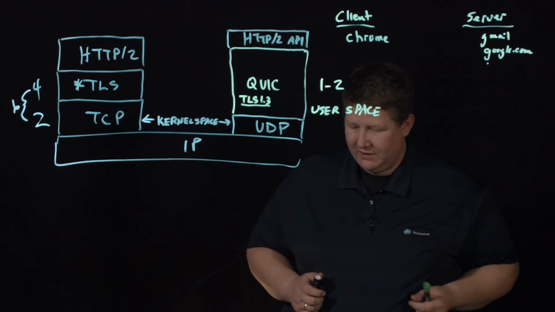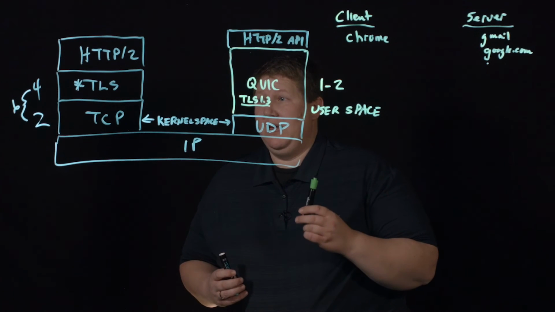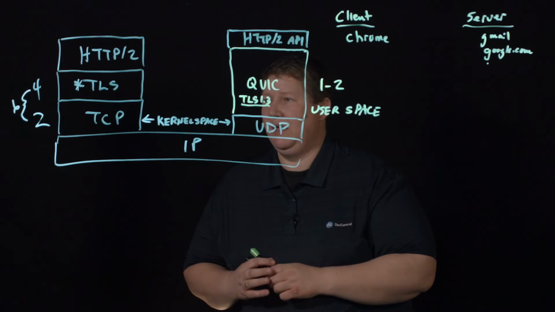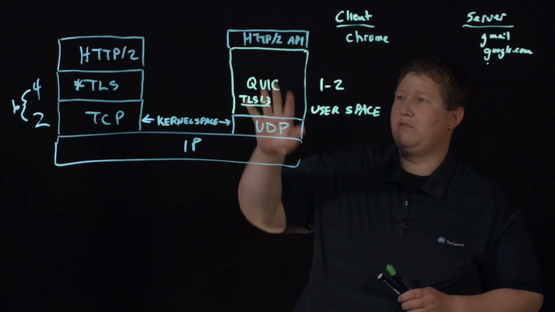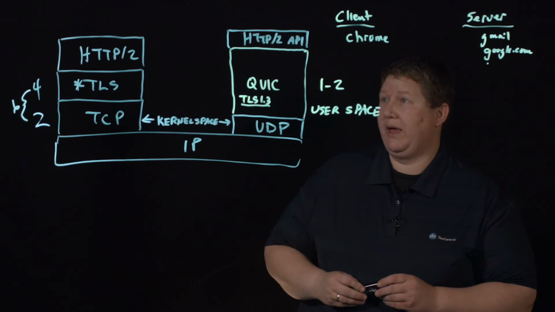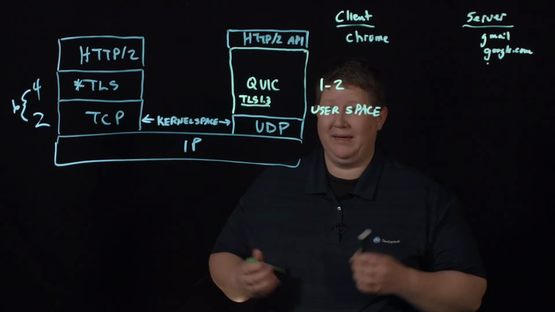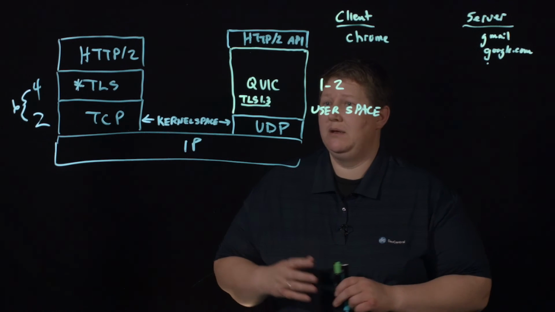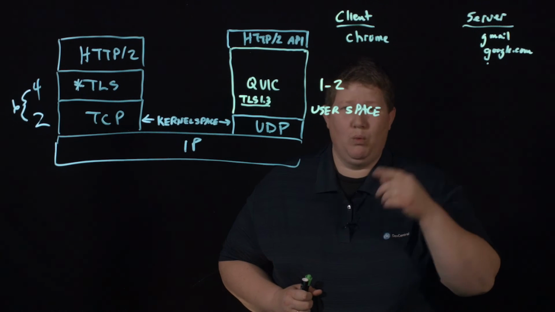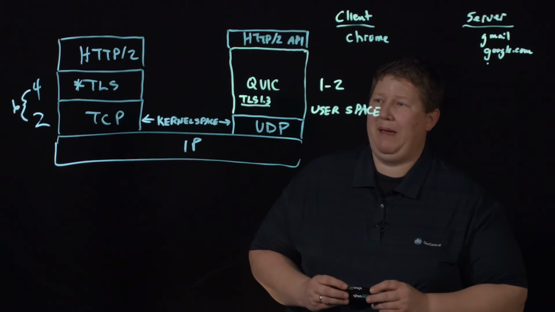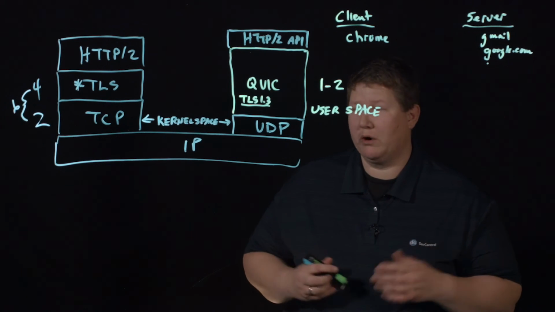One of the other cool things before we wrap this up is the head-of-line blocking problem that was in TCP. Because everything is streamed with QUIC at both the application and the transport layer, if you lose packets between the client and the server, whatever particular stream lost a packet is the only thing that gets blocked, because UDP doesn't care about order.